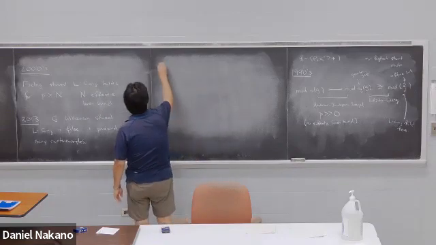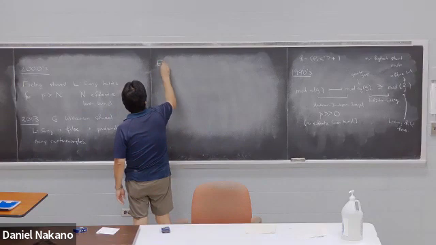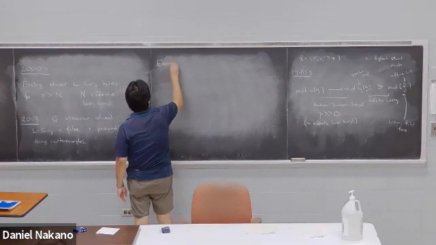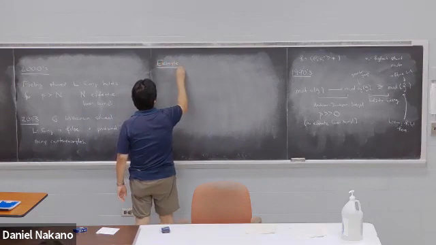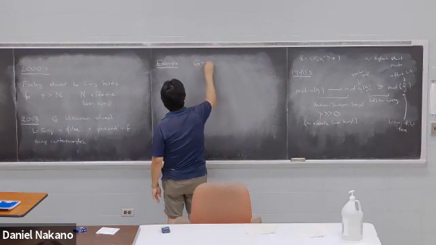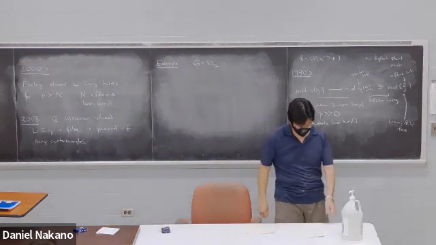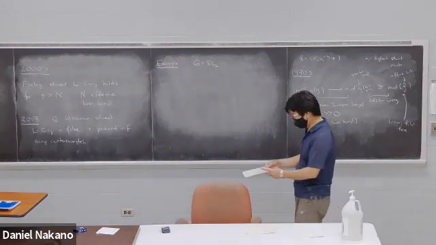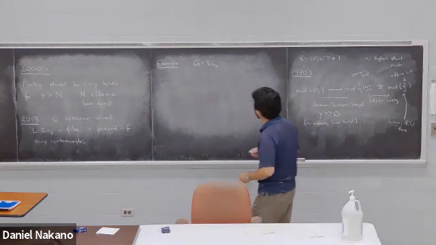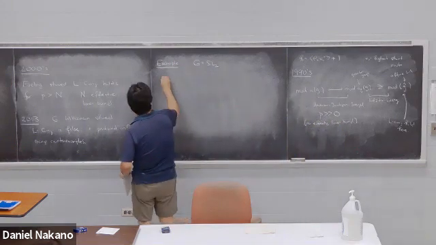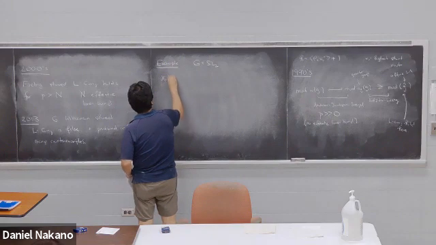So let's do some examples here. Let's stick with G equals SL2 for a second. Now in this case, let's see what the restricted region looks like.